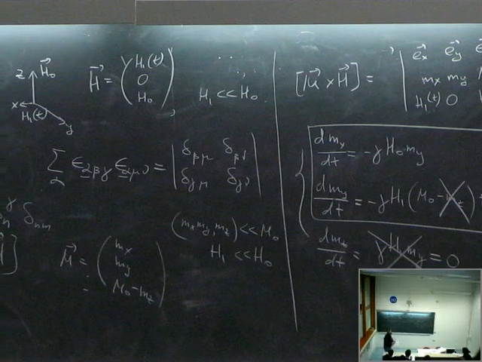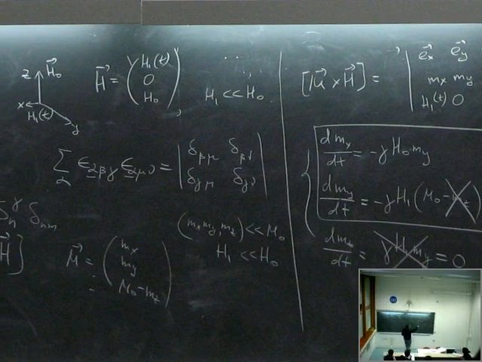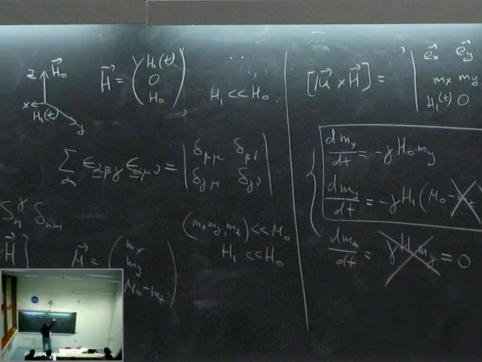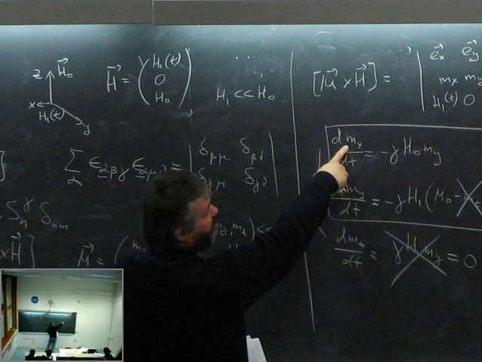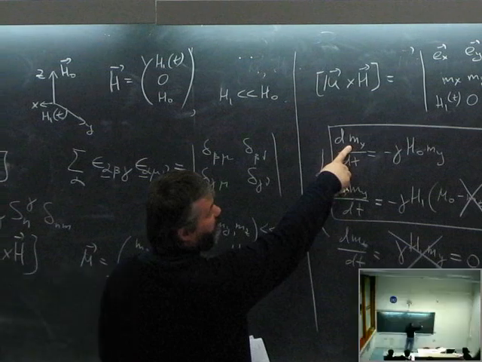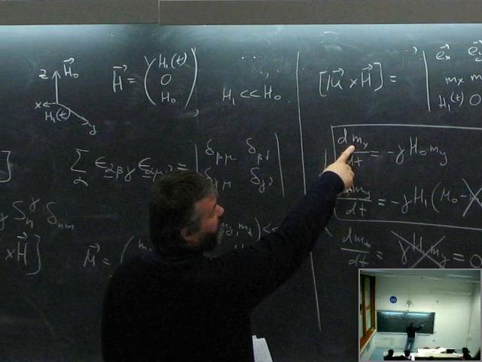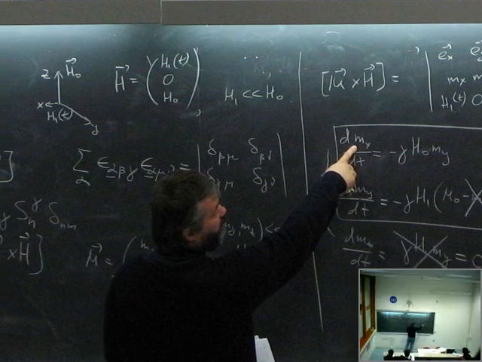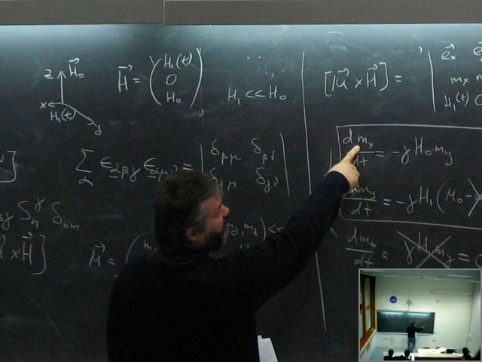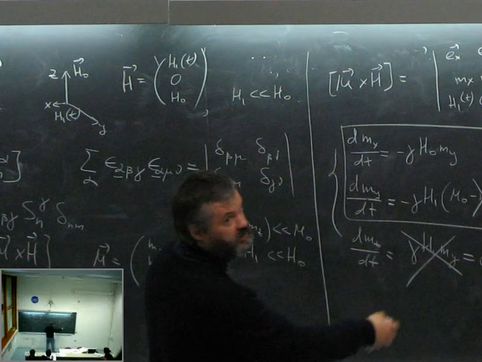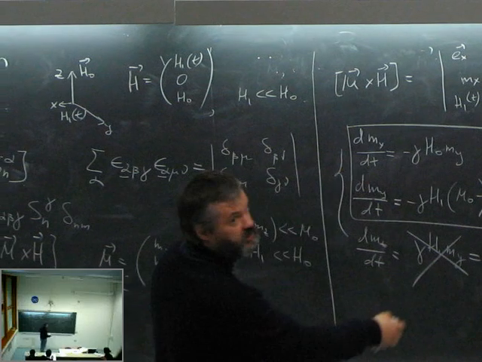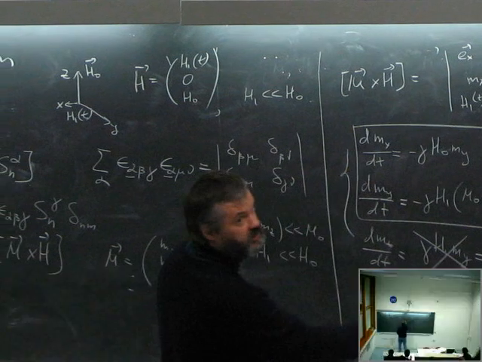H naught is big. So therefore, it has a smallness in the left hand side and the same order of smallness in the right hand side. The same here. H1 is small. Therefore, M naught is big. I keep this. And H naught is big, Mx is small. So it's again the same smallness. Here, it exceeds my accuracy. So therefore, I have to put it equal to 0.